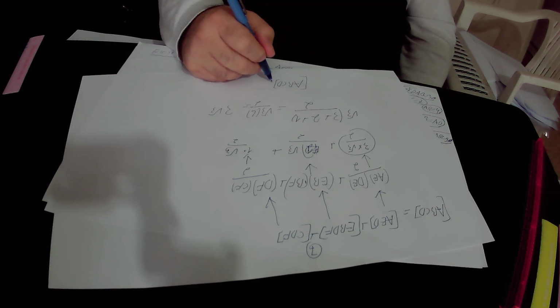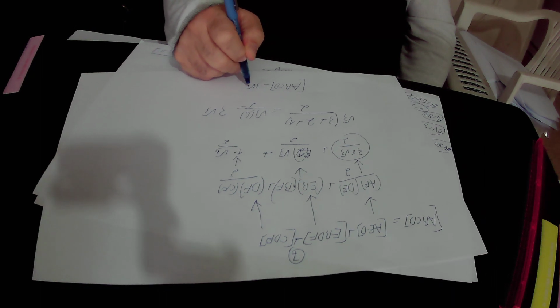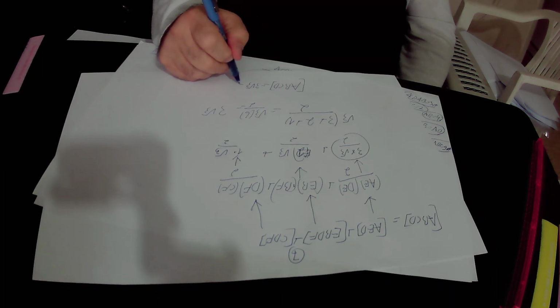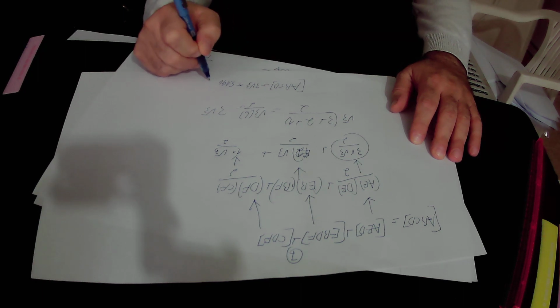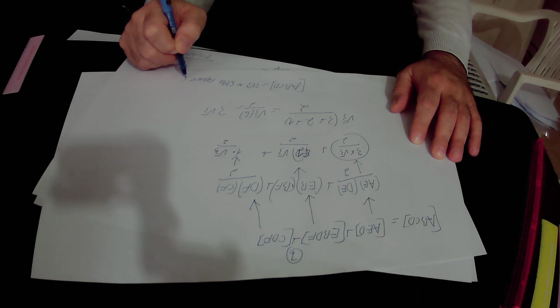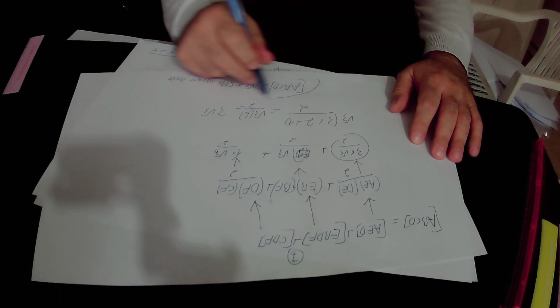It equals either 3 times square root of 3 square units, or in terms of numbers, 5.196 square units. Okay, so we finished with the first method.